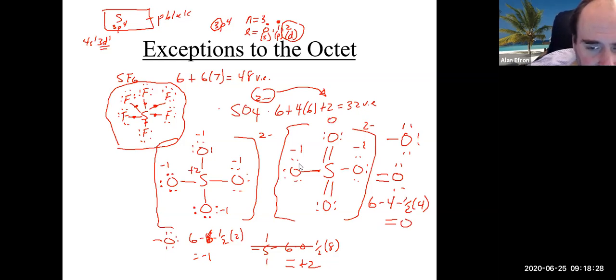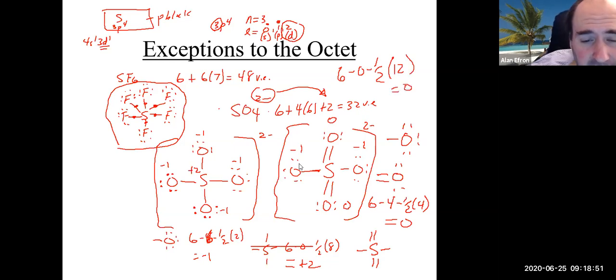So this guy is 0, this guy is 0. Now our sulfur in the middle, where it was double bonded and single bonded, expanded octet. I can go up here and do that. So it's 6 minus 0 minus 1/2 of 2, 4, 6, 8, 10, 12, which gives us 0.